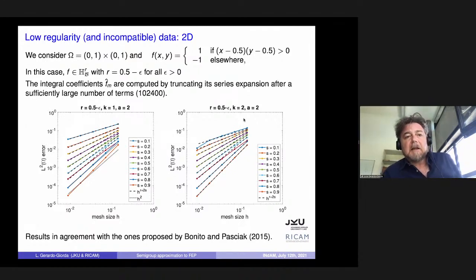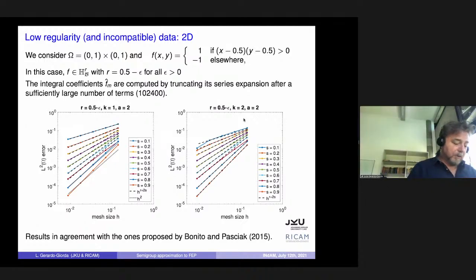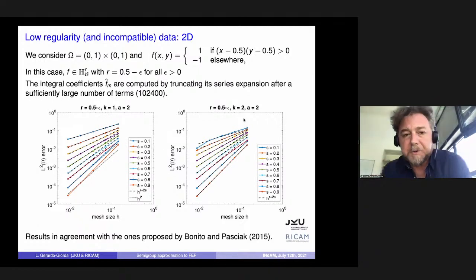But in this case, one can compute explicitly the integral coefficients f hat of m. The only problem is that it has to be done through a series expansion. So we did it by considering a sufficiently large number of terms, more than 100,000, to be sure that we had a pretty good approximation of the actual solution.